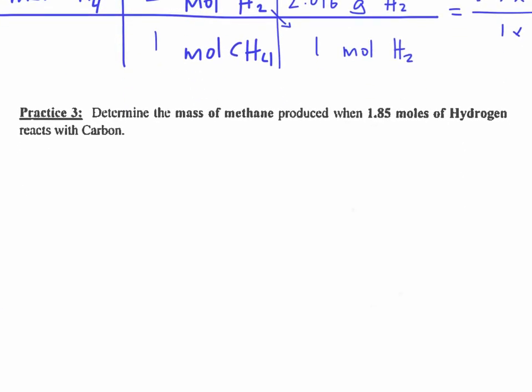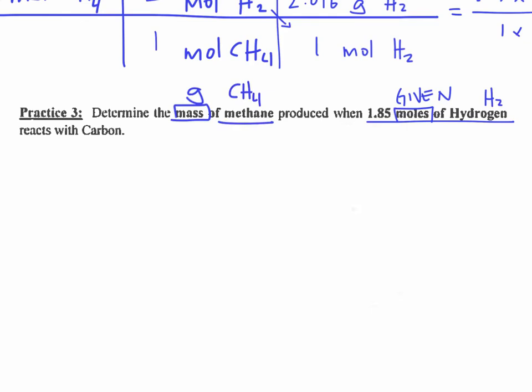Practice problem number 3. It says determine the mass of methane produced when 1.85 moles of hydrogen reacts with carbon. So this is given to me. I'm given the amount of moles of hydrogen, which is expressed H2, and I want to determine the mass of methane. So now I'm going to grams of CH4.